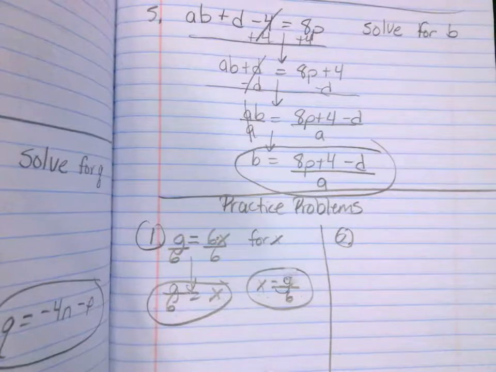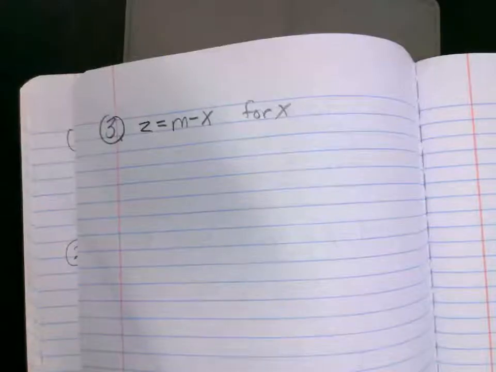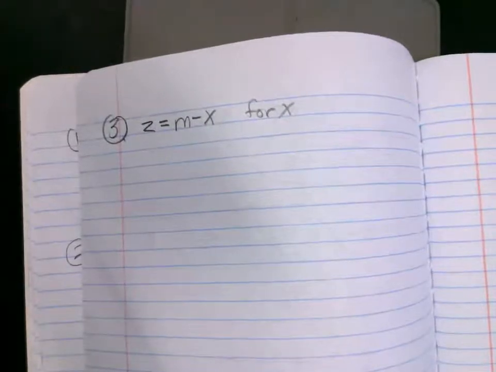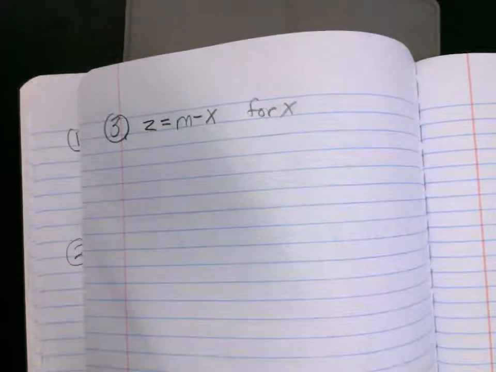Raise your hand if you're still writing. Get x by itself. Just do one step at a time. It's okay to be wrong.